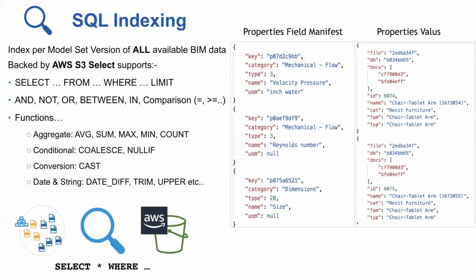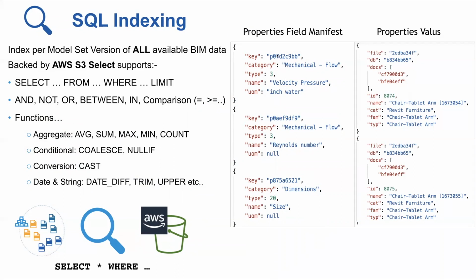Final one is also interesting. That is the property index. Basically, it provides a way to use AWS S3 Select SQL query. You can specify the query condition and the functions to get the properties of the document.